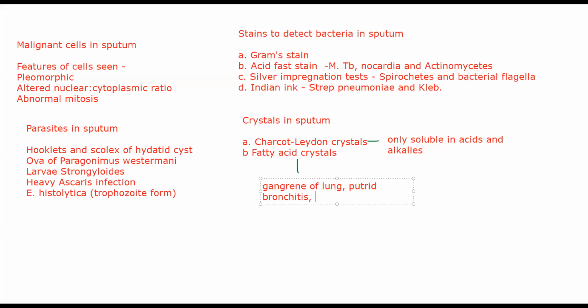Putrid bronchitis is when the patient is already having pus, and the patient is having a lot of suppuration along with putrefaction, meaning that pus and literally क्या हो रहा है, पहले gangrene हो रहा है, gangrene ने बैक्टीरिया आके it is making it very smelly, ठीक है, it is becoming very putrid, ठीक है. नेक्रोसिस में जब बैक्टीरिया आ जाता है and it becomes putrid, that is when gangrene occurs. Okay, putrid bronchitis is occurring, or else the patient has chronic TB. In all of these conditions, you'll be able to see fatty acid crystals.